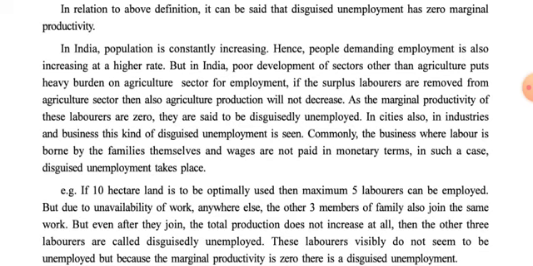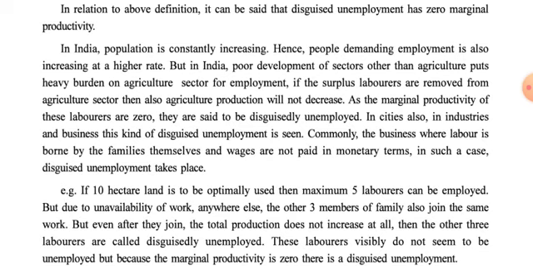Why does this happen? Why, if we remove many of them from the agriculture sector, is the productivity the same? Because their marginal productivity in total production is zero, because they are surplus laborers who are not required at all.